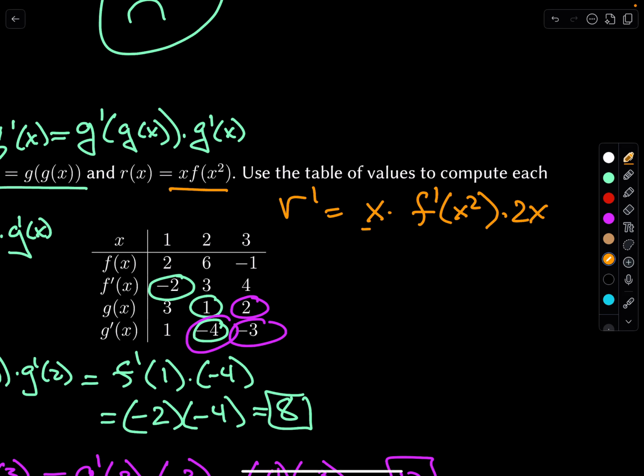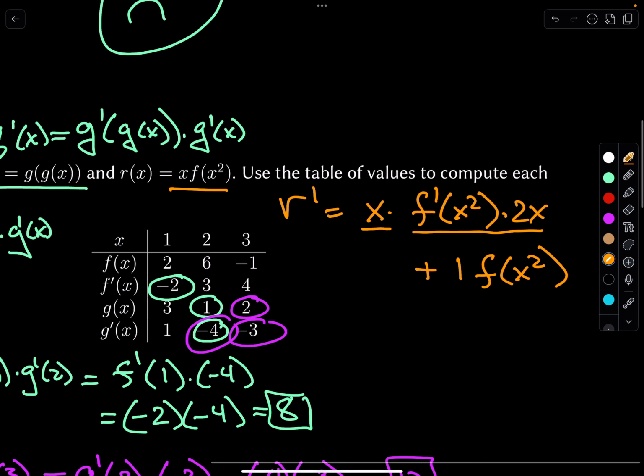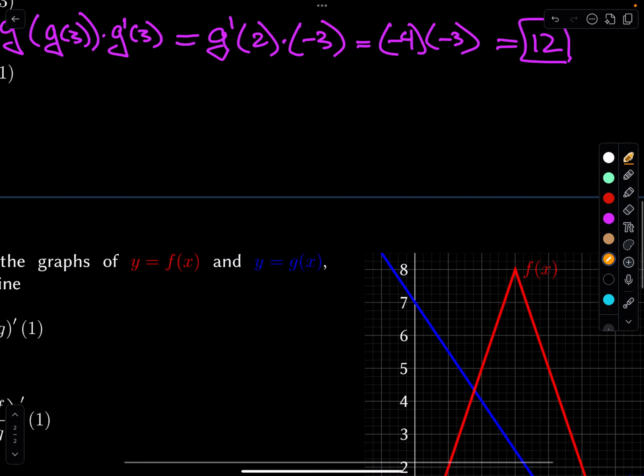Well, you're just going to do this, and then this is the chain rule with f of x squared will be f prime at x squared times the derivative of x squared. And we're going to add to this 1 times f of x squared. So that's the product rule. You leave the first thing alone, do the derivative of the second thing, then you do derivative of the first thing, leave the second thing alone.